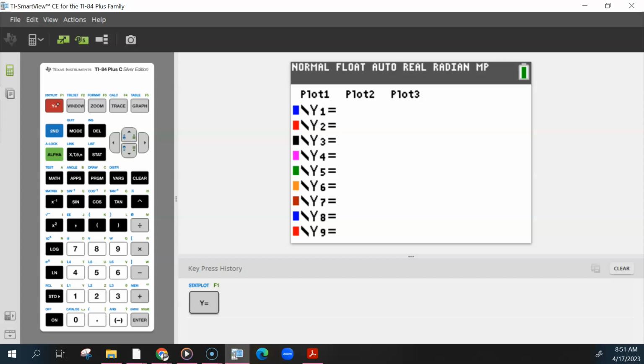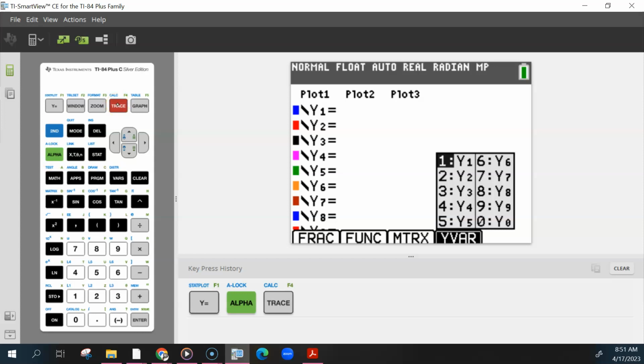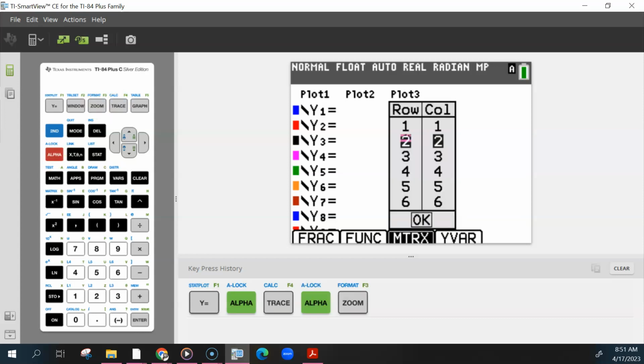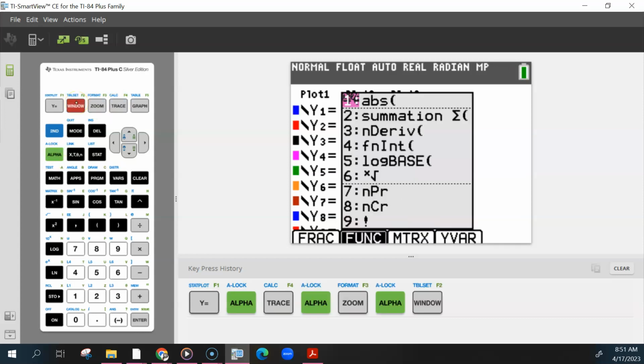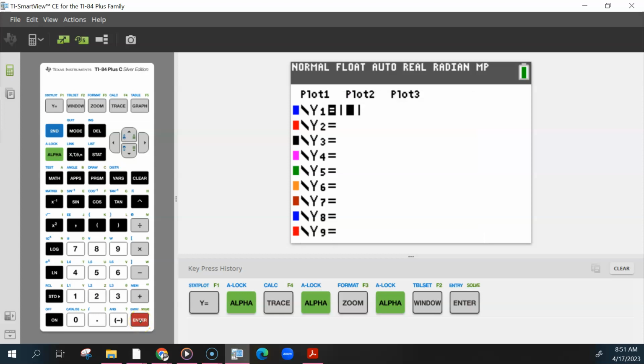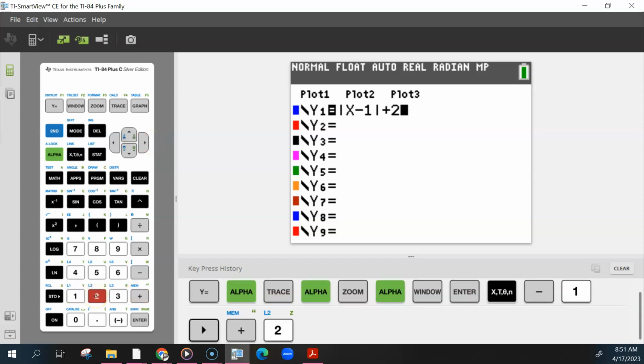So your absolute value bars are in, I want to say alpha trace, alpha window. I know it was one of those. Alpha window. If you press that, you'll get the absolute value bars. And then x minus 1 inside, plus 2 on the outside.